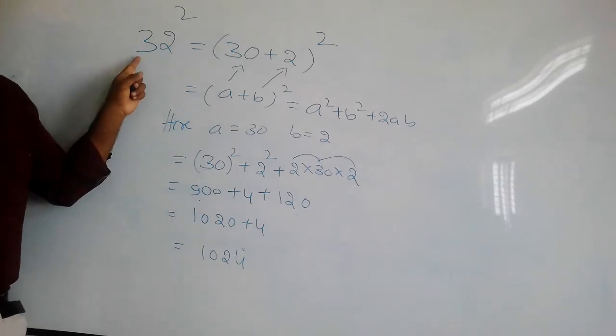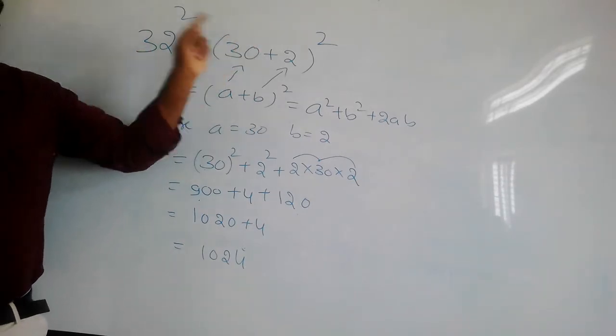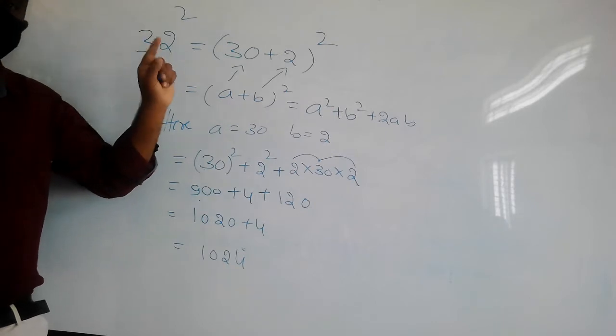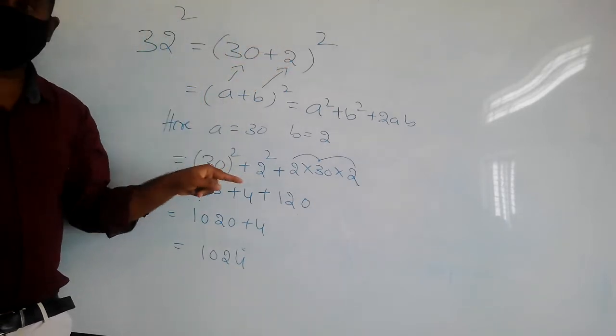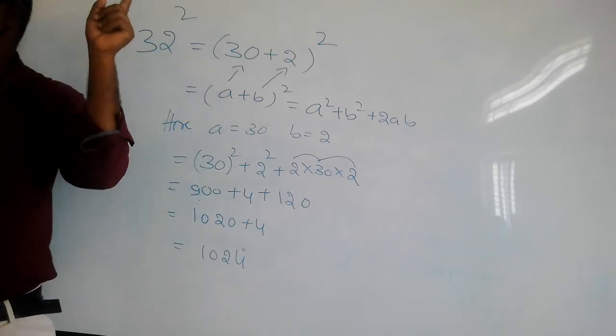Here 32 is 30 plus 2. I will explain once again, and after this I will explain using a minus b whole square also.